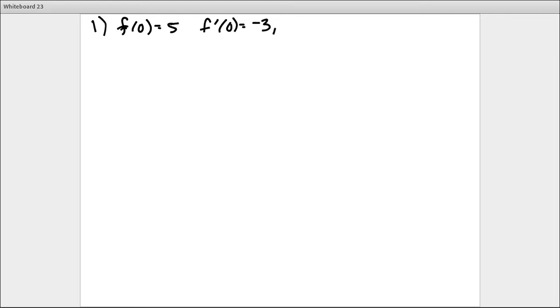So here they give you a bunch of derivative values. The second derivative at 0 is 1. The third derivative at 0 is 4. And they want you to write the third degree Maclaurin.